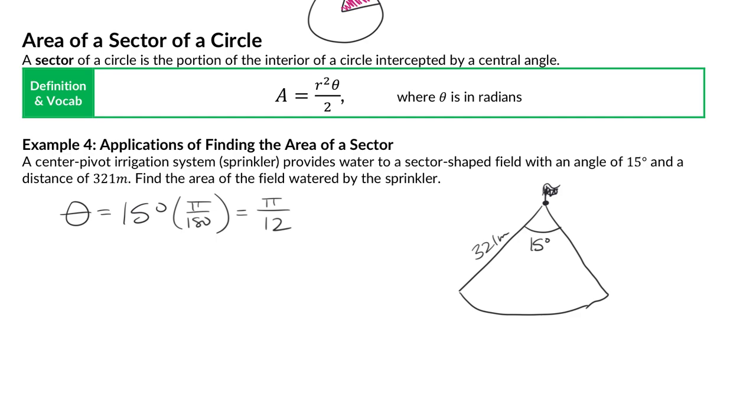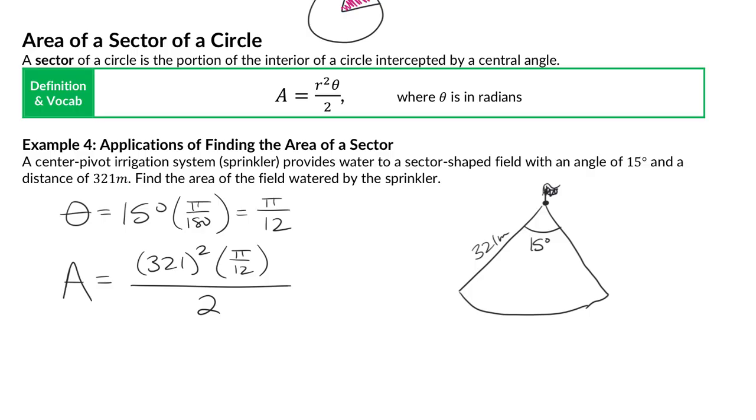And so we can plug all of that into the calculator. We would say the area of this sector would be the radius, 321 squared, multiplied by the angle, pi over 12, divided by 2. I highly recommend for this one that we use the fancy fraction on the calculator so that we actually get it to multiply and divide the things that we're wanting.